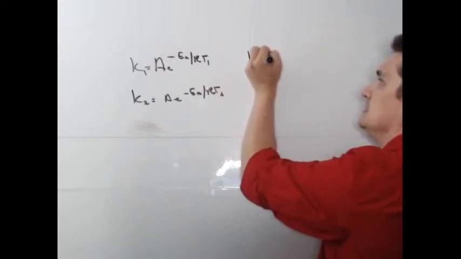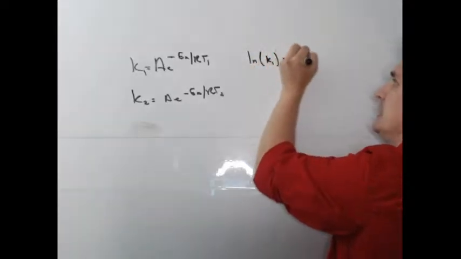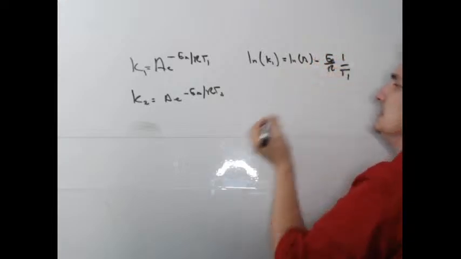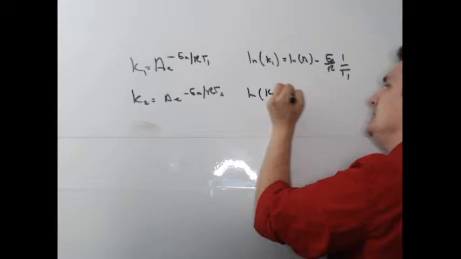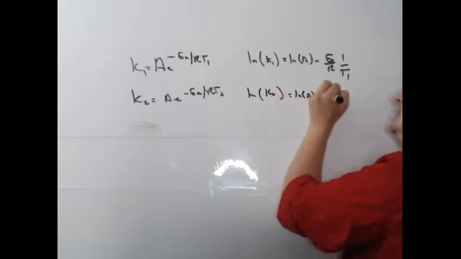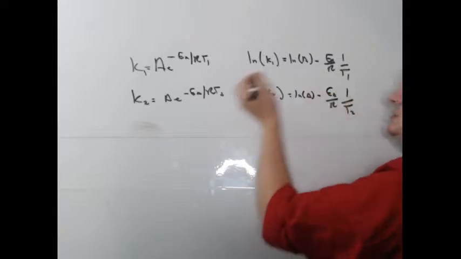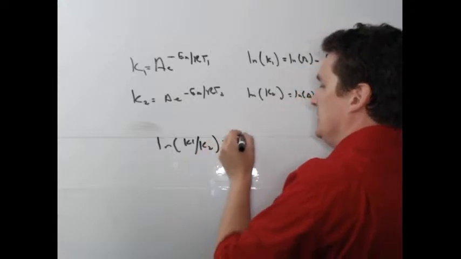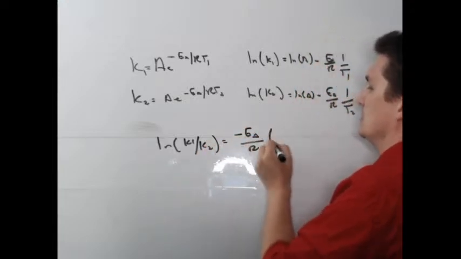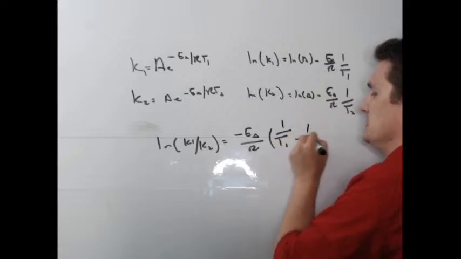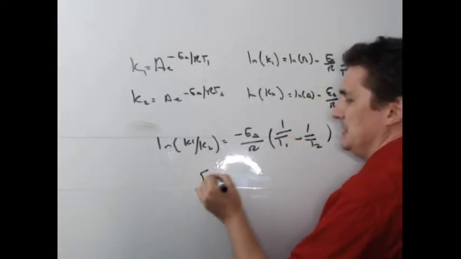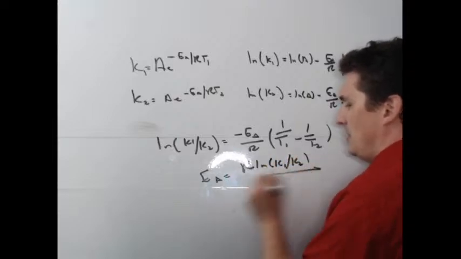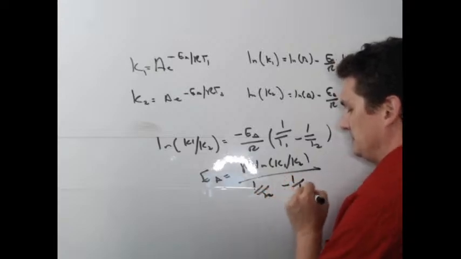So you get ln k1 equals ln A minus Ea over R times 1 over T1, ln k2 equals ln A minus Ea over R times 1 over T2. You subtract the two equations and you get ln k1 over k2 equals minus Ea over R times 1 over T1 minus 1 over T2. And if you rearrange, you'll get that the Ea is R ln k1 over k2 all over 1 over T2 minus 1 over T1.